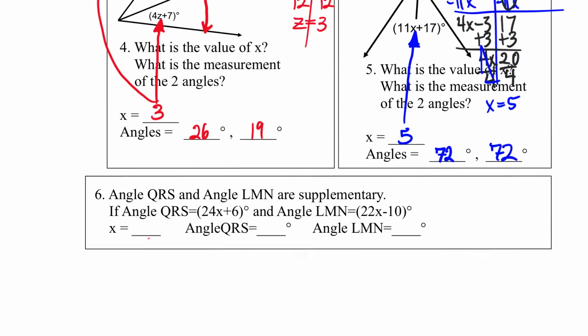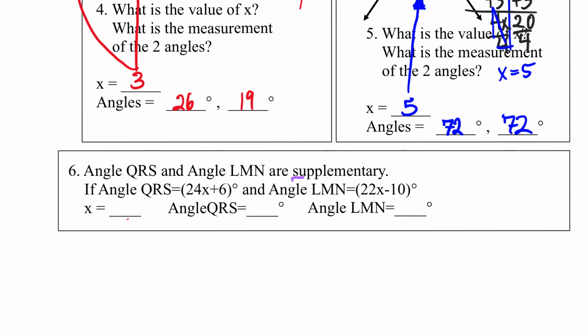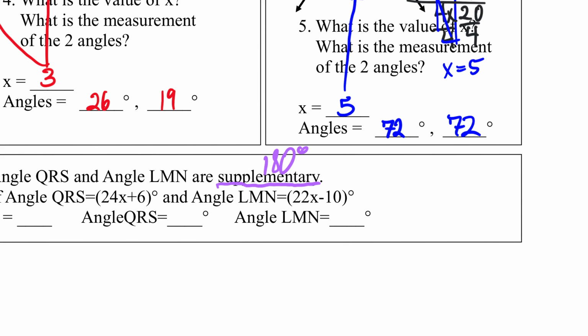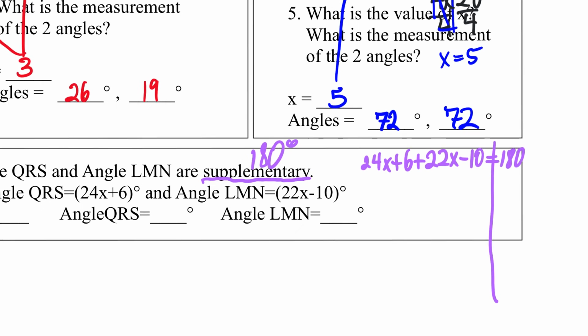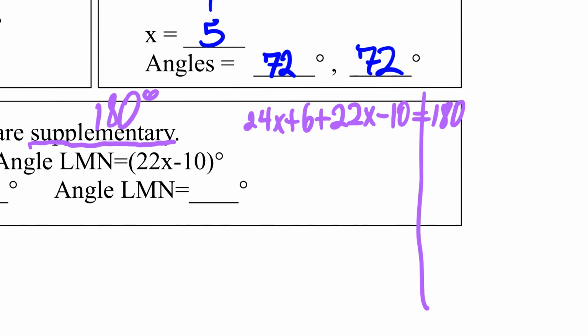Okay, on this last one, it says that these two angles are supplementary. What does supplementary mean? It goes up to 180. They together add up to 180 degrees. So on this one, what I'm going to do is 24x plus 6 plus 22x minus 10 equal to 180. All right.